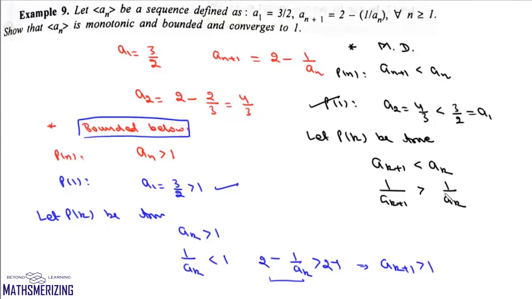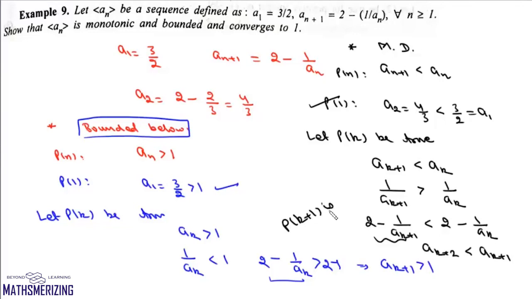Now we multiply with the minus sign and then add 2. We can write 2 minus 1 upon ak plus 1 will be less than 2 minus 1 upon ak. This is nothing but this is ak plus 2, and it is less than ak plus 1. That means Pk plus 1 is true.